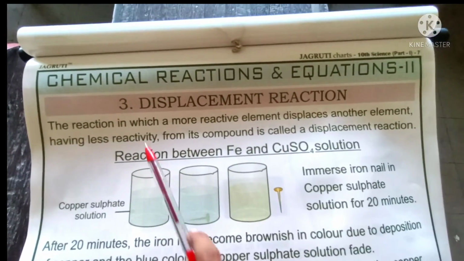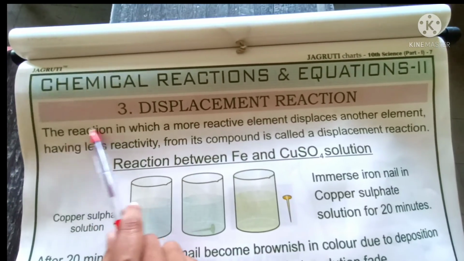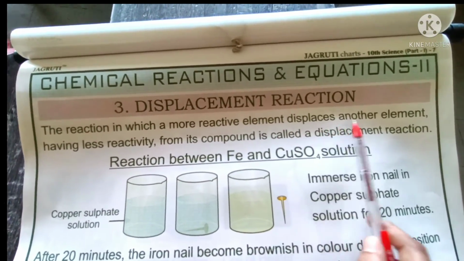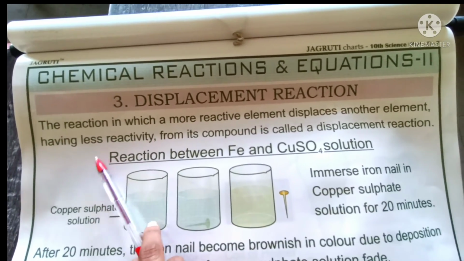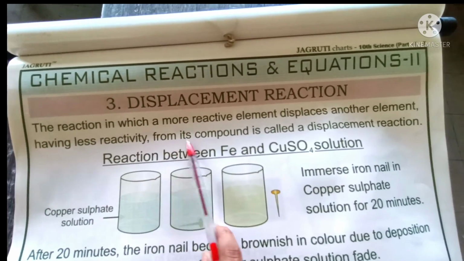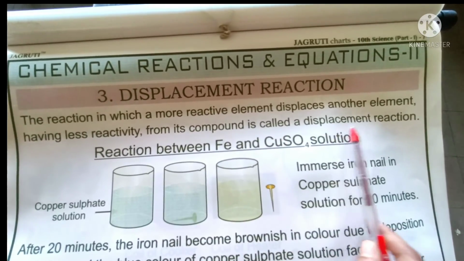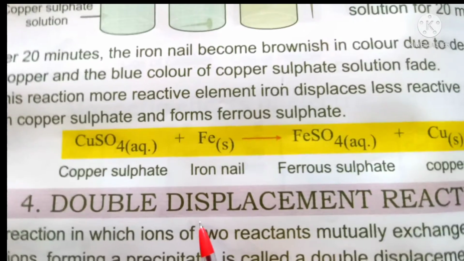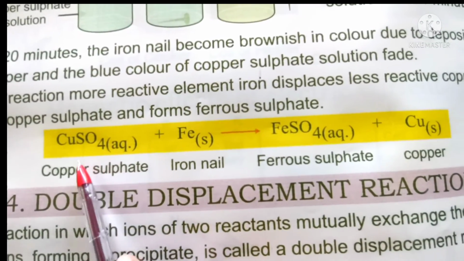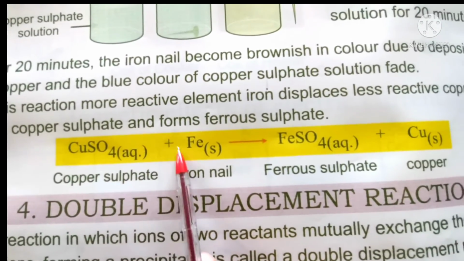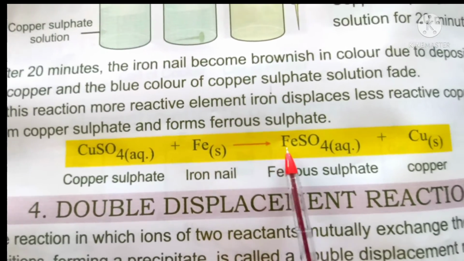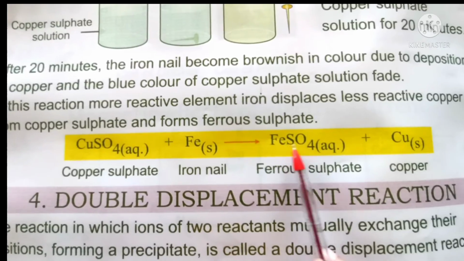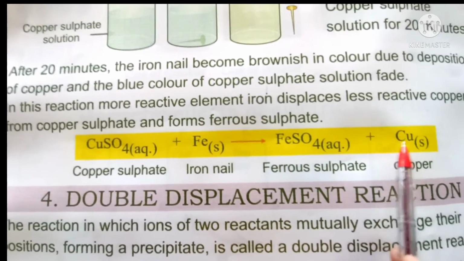Now students, let's see what is a displacement reaction. The reaction in which a more reactive element displaces another element having less reactivity from its compound is called a displacement reaction. Let's see this with the help of an example. Copper sulfate, when it reacts with iron, forms ferrous sulfate and displaces copper.